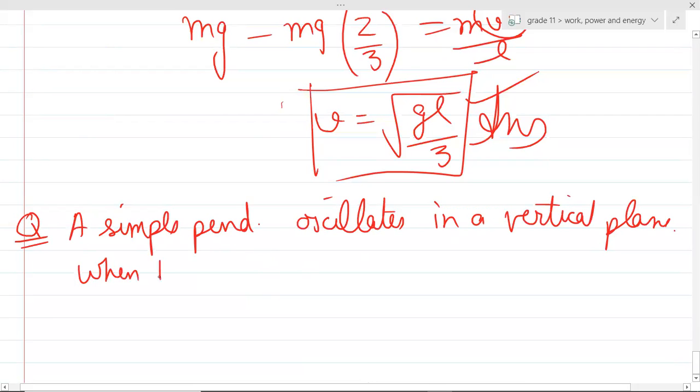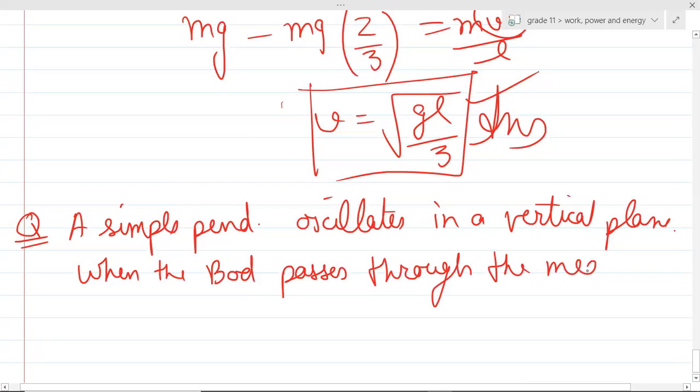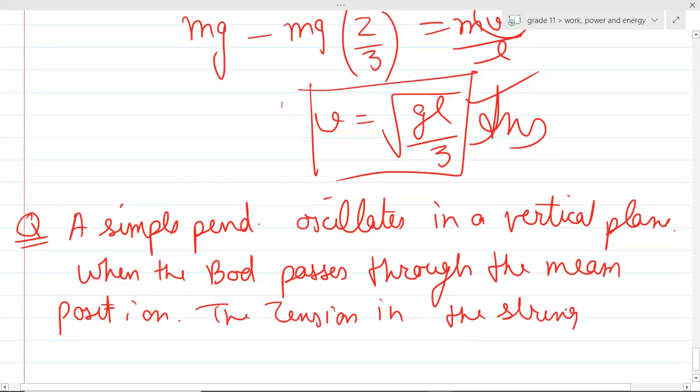When the bob passes through the mean position, the tension in the string is, so you don't even need the formulas for this question.